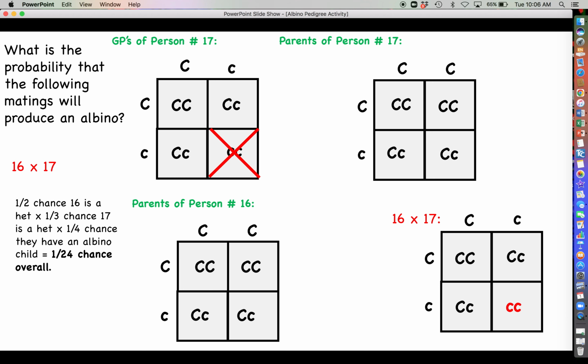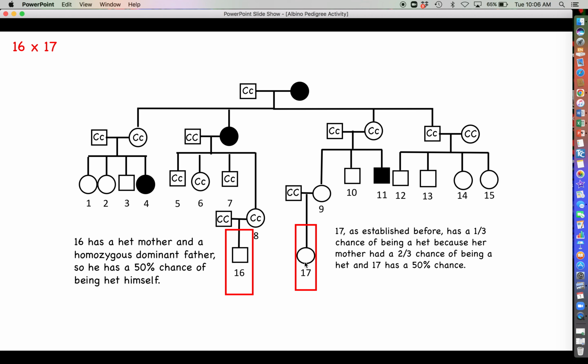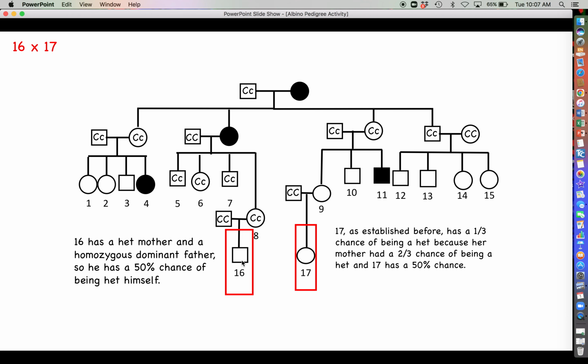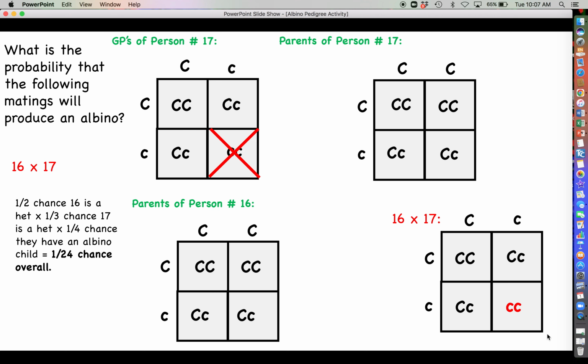So for individual number 17, we have to calculate the 2 in 3 probability that her grandparents would produce her heterozygous mother. Then for her heterozygous mother, the 1 in 2 possibility that they would produce a heterozygous daughter. And then for the parents of 16 here, that is the 50% chance, and then finally the 1 in 4 chance that you see right here.